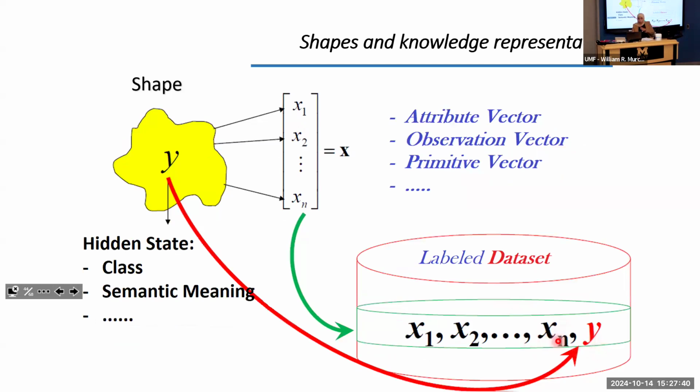So other than the vector of attributes, we are going to have the y, which is the label. In this case, we have a labeled data set, which prepares us for supervised learning.